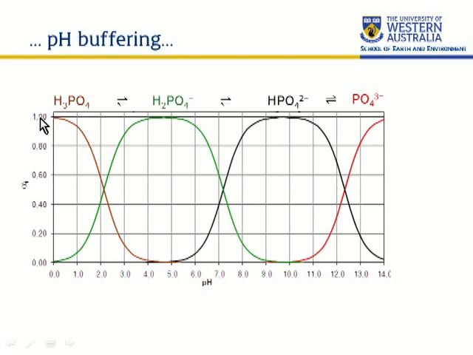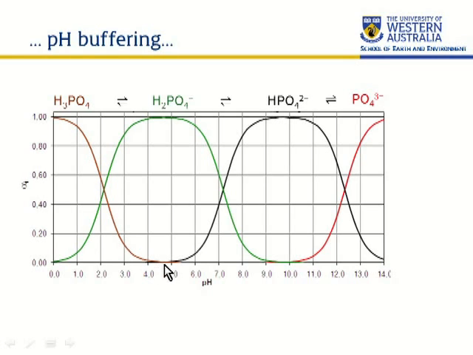And so we can see that at low pH, in fact unusually low pH that wouldn't be seen in natural systems at least, we have undissociated phosphoric acid, and as the pH increases, the fewer hydrogen ions are in solution, and that allows dissociation of phosphoric acid.